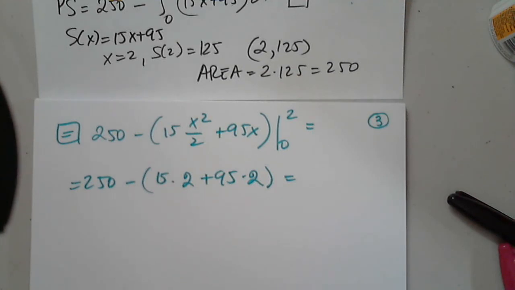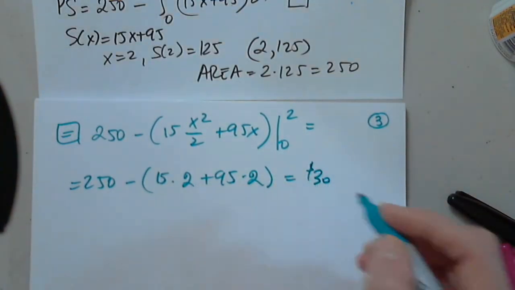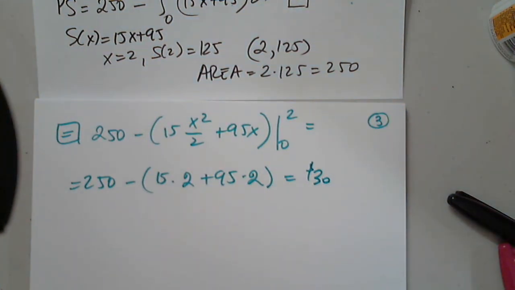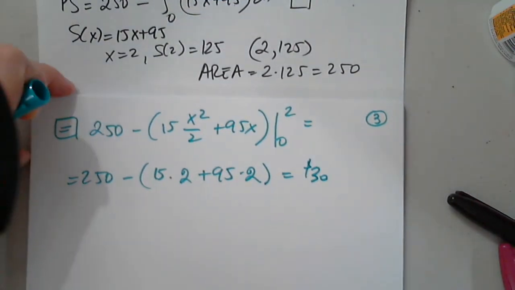So that was 15x plus 95. And then I press enter. And this is it. So what does this mean, the $30? It means that we're paying for, or she's paying for 2 jumps.